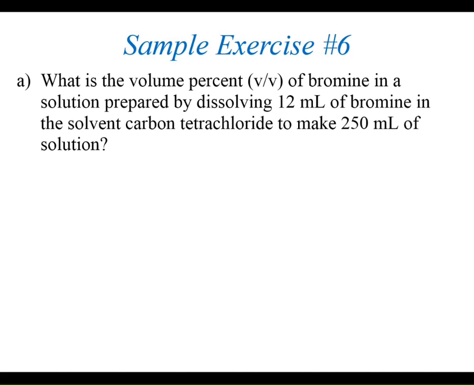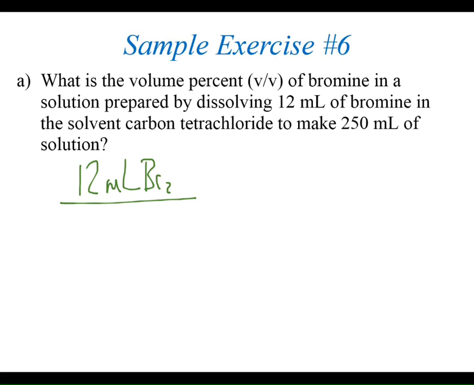Okay, so what'd you get? What's the percentage of bromine in that solution? 4.8. Anybody else? Okay, so what goes on top? What number? 12 milliliters of bromine. And what's the total solution? 250, right? So it's not 262.